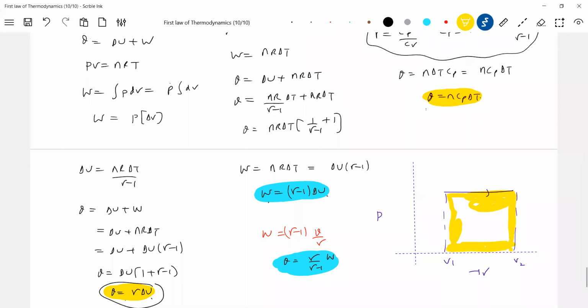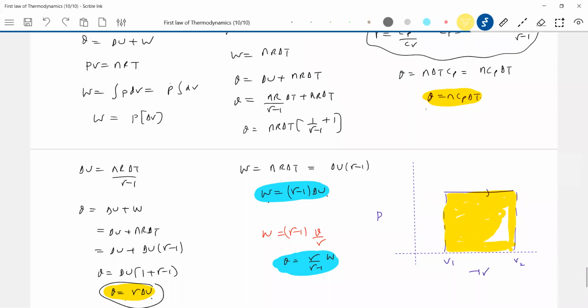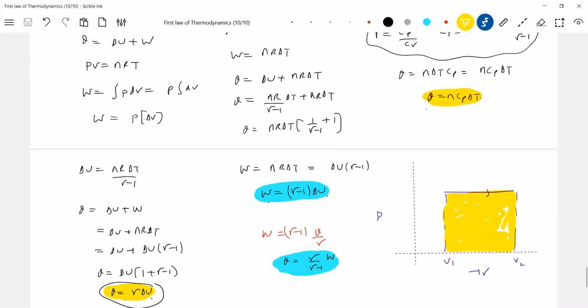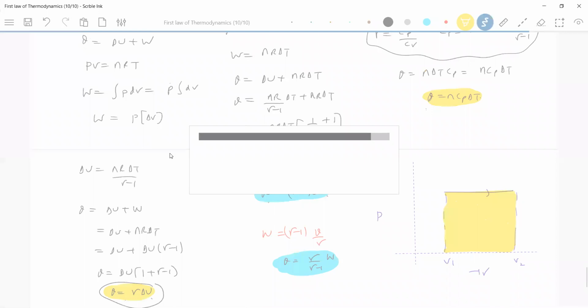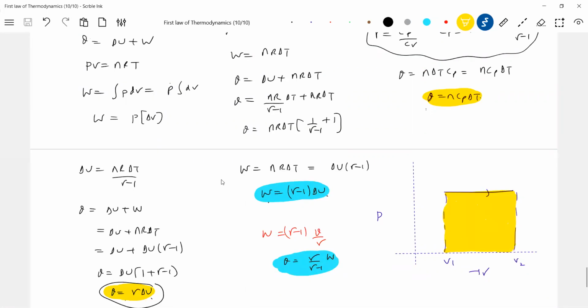So this is called an isobaric expansion or isobaric heating. What is this process? This is called isobaric heating. Pressure of gas will remain constant, will not change. Isobaric heating.